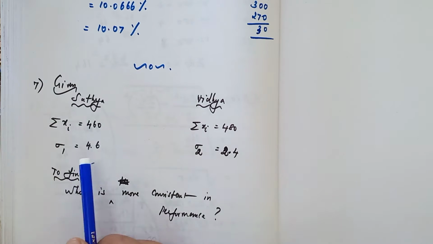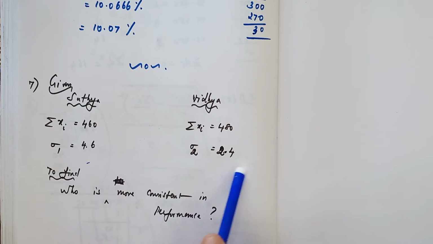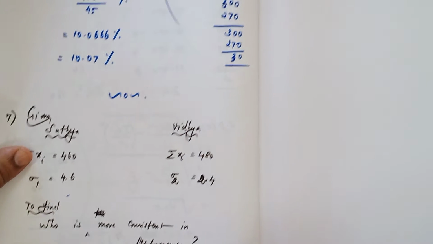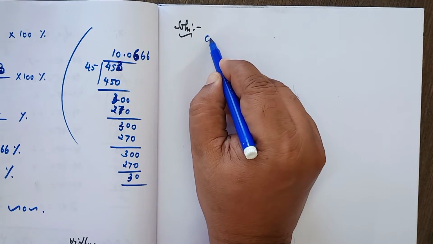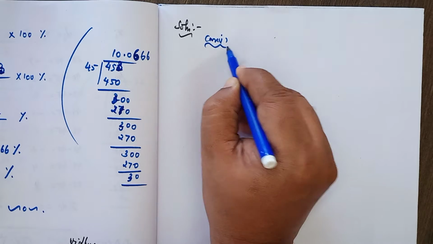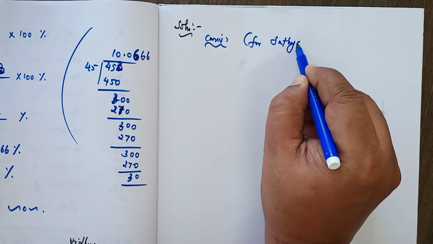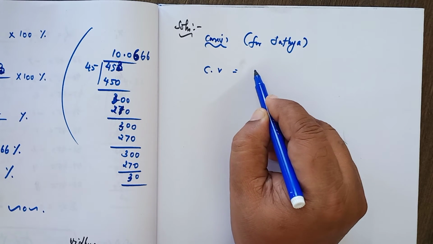Here is problem number 7. For Satya and Vidya, total marks given and standard deviation given. Now you have to find who is more consistent in performance. Now for Satya, case 1. I am going to find out the coefficient of variation.